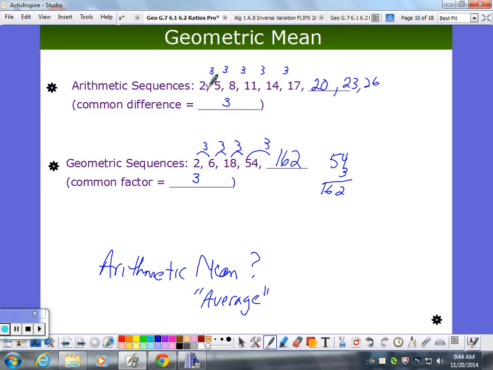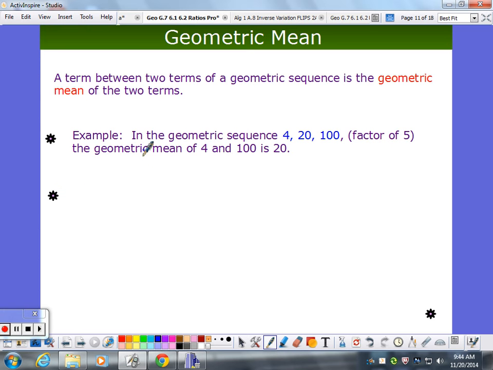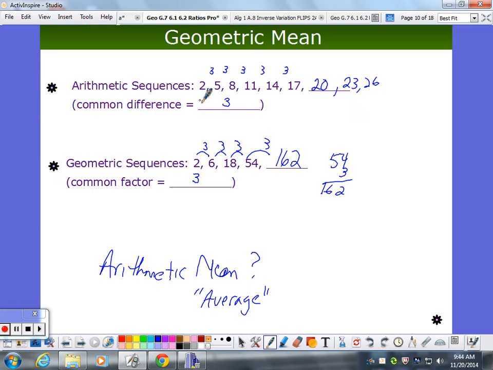So I can take an arithmetic mean. Well, there's geometric means too. So now we have to figure out what that means. It's a term between 2 terms of a geometric sequence. Just to compare, I can say the same thing for an arithmetic one. You have an arithmetic sequence.